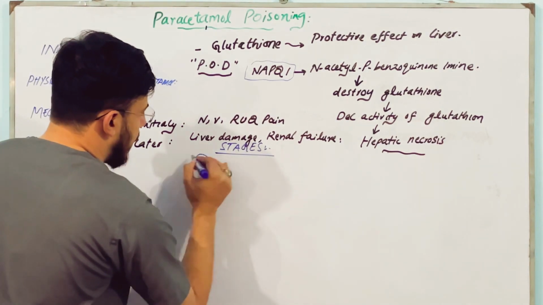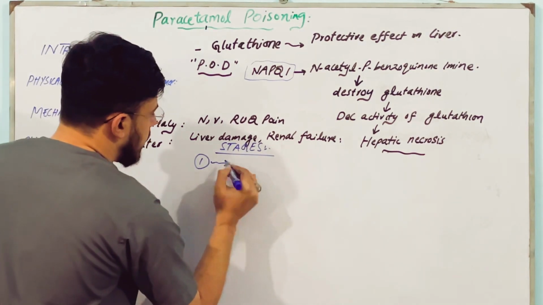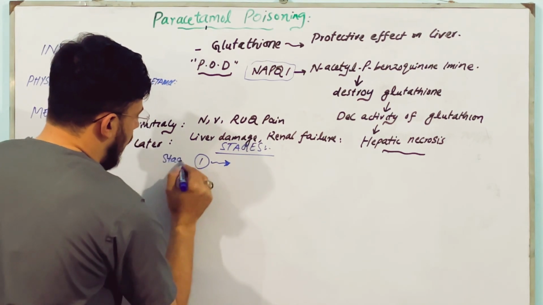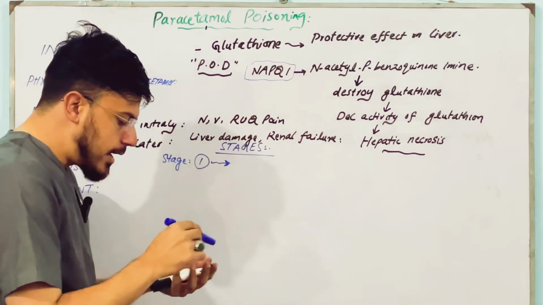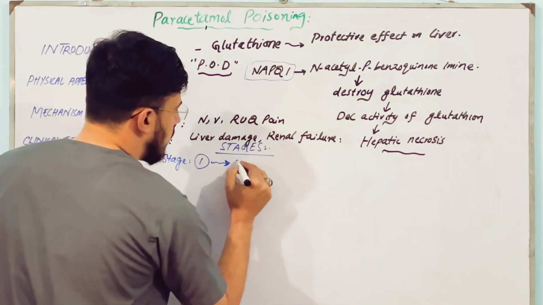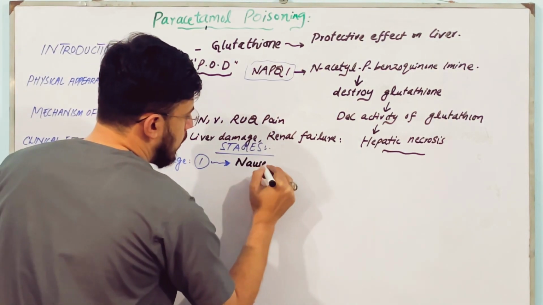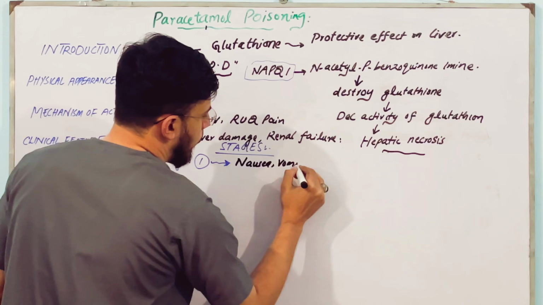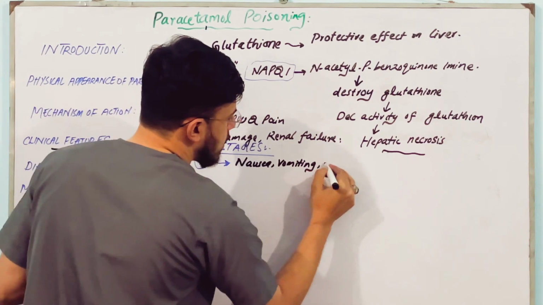In stage 1, there is nausea, vomiting, and malaise.